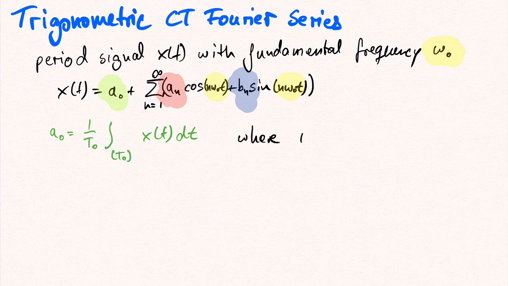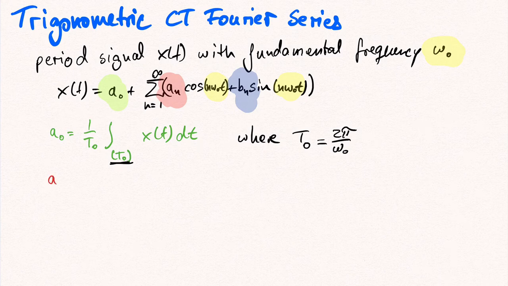T0 is the fundamental period of the signal x of t, and it's related to the fundamental frequency by the formula T0 is equal to 2 pi over omega 0. This notation implies that we have to take the integral of x of t over one full period T0. So we could take the integral of x of t from 0 to T0 or from minus T0 to 0 or any other integral as long as its length is T0.